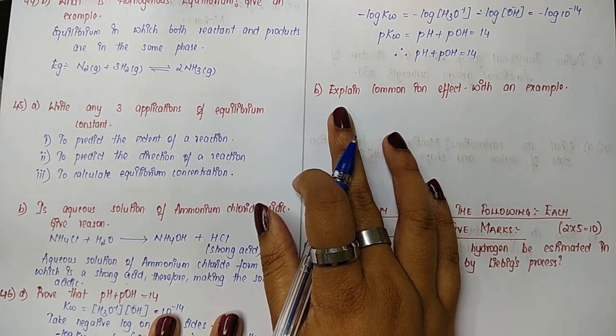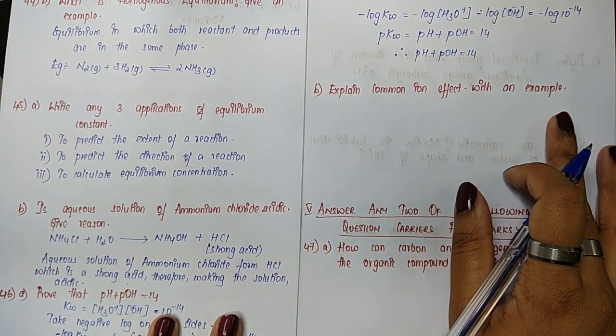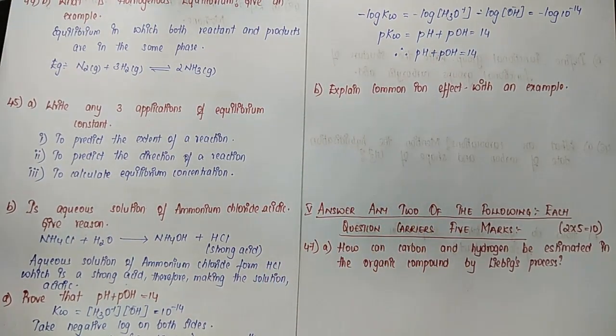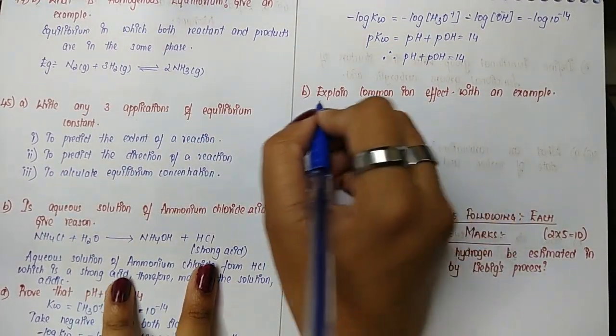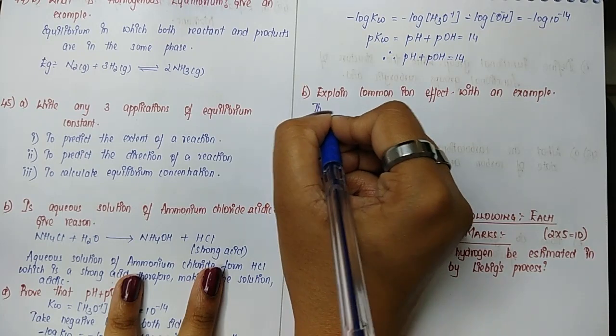Then the next one is explain common ion effect with an example. So here we need to explain common ion effect, and we can write the definition here.